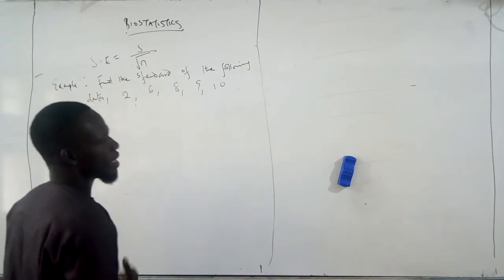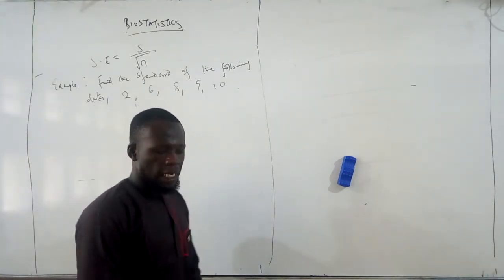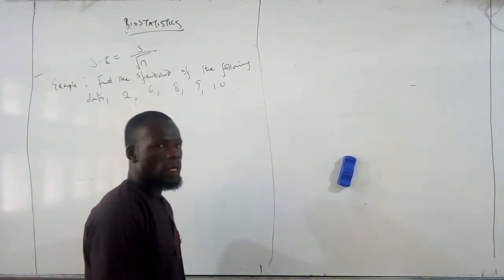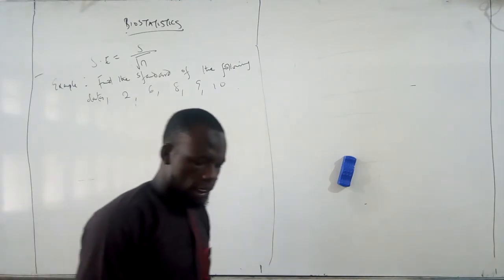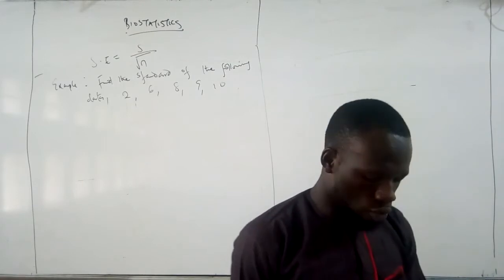How do we find the standard error of this? It is very obvious that this is what? An ungrouped data, isn't it? So how do we find the standard error of an ungrouped data?